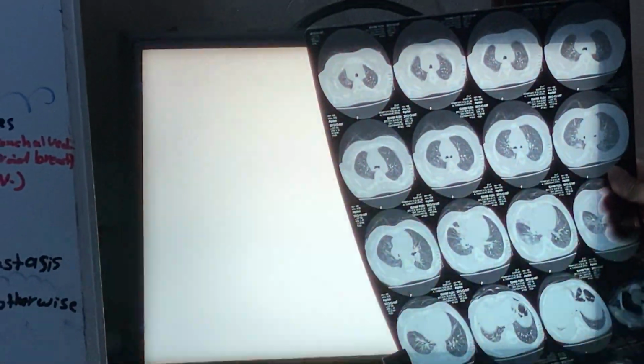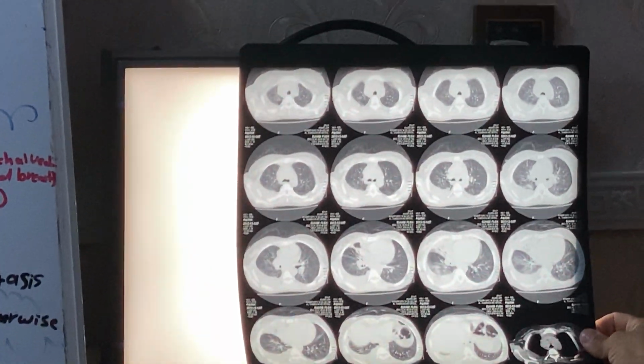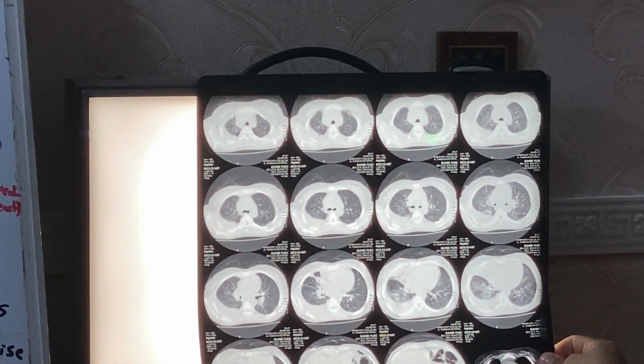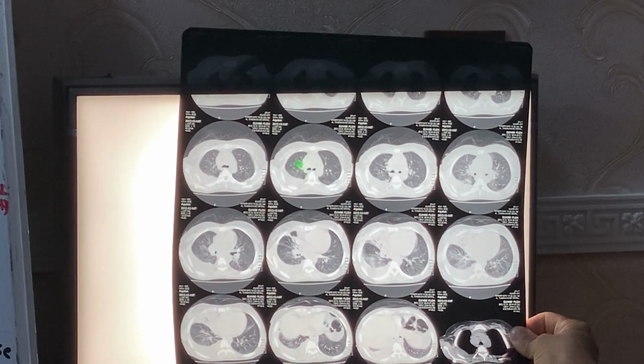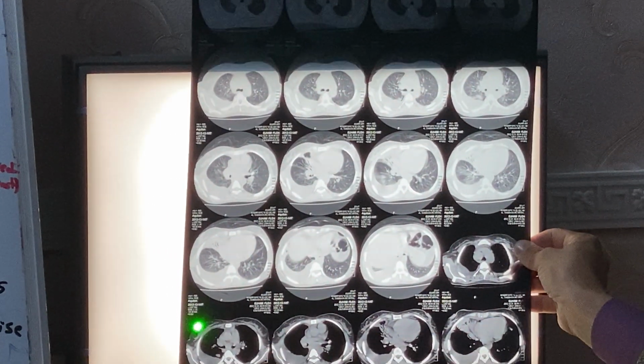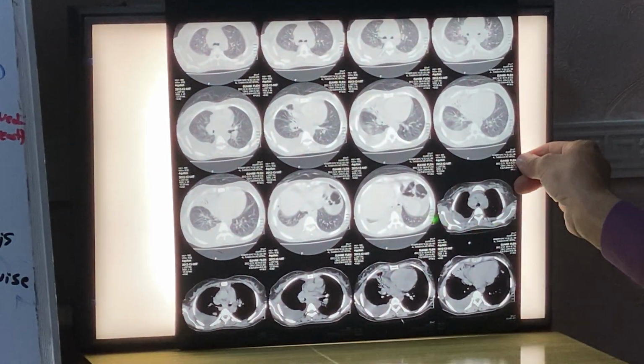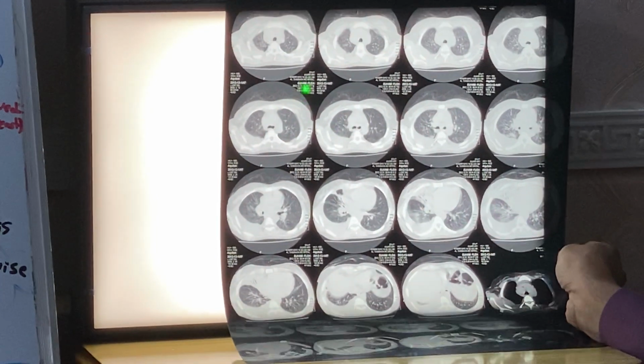The last one is the chest CT. As you see, this is an axial view, lung window because of details of the lung, and this is the mediastinal window because of details of the mediastinum. See this?